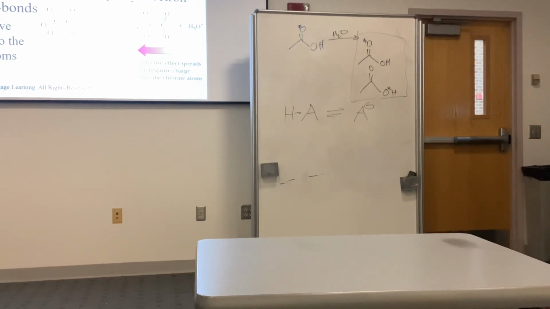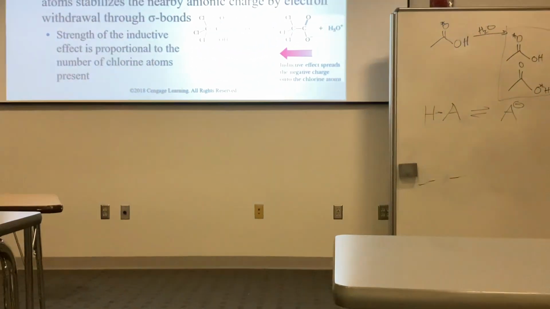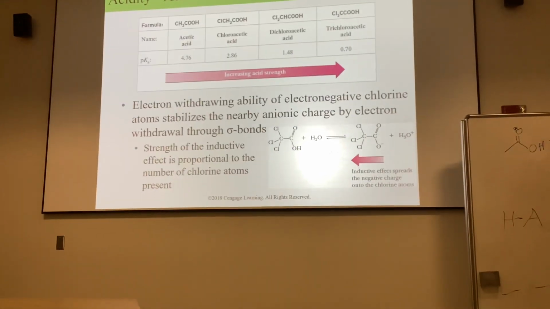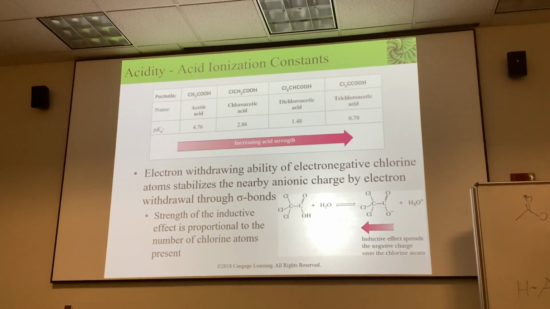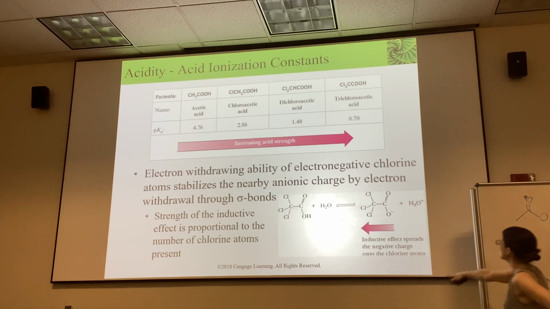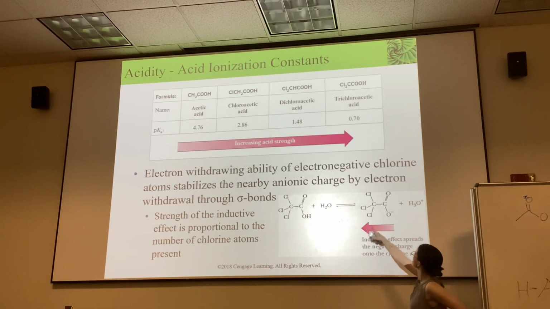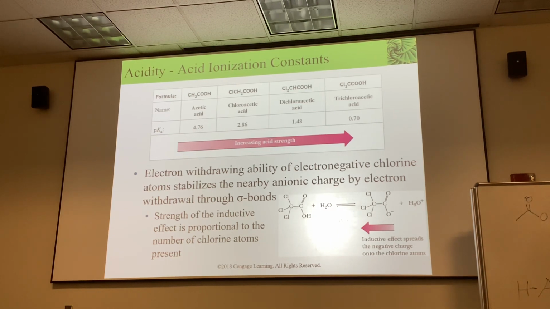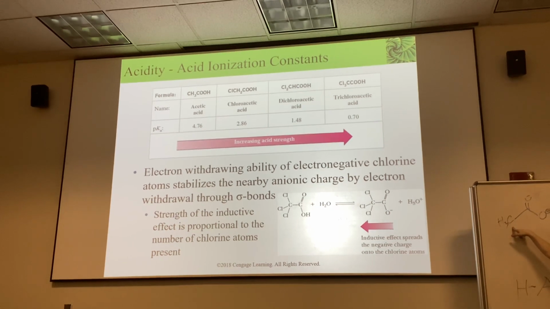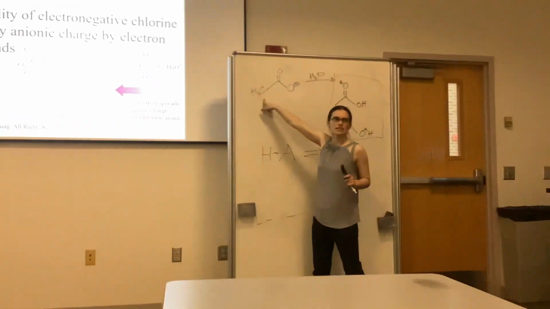The electron withdrawing ability of electronegative chlorine stabilizes the anionic charge through electron withdrawing. So this is more stable than this, right? Exact same thing, but over here we've got a CH3 group, so we don't really have anything going on over here that's going to help.